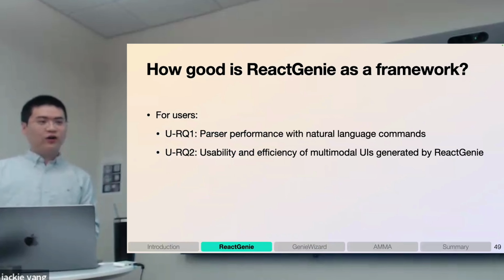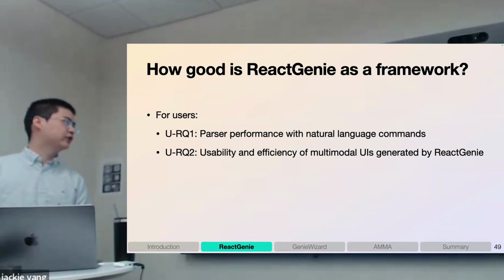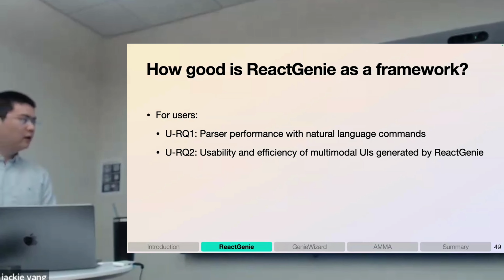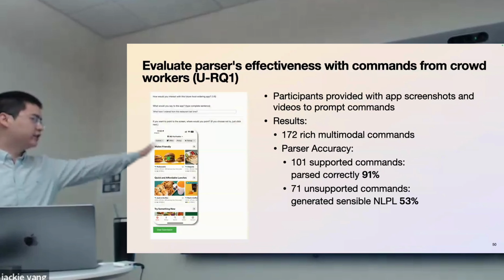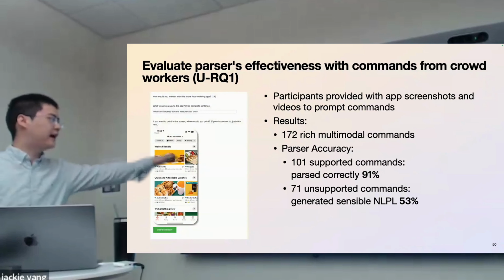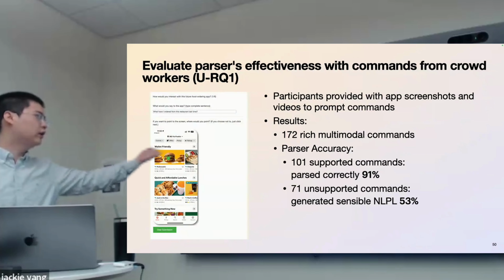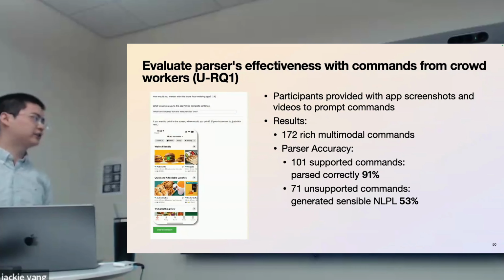We also want to know how good React Genie is as a framework, so we tested its performance, and we want to know whether the multimodal UI generated is actually usable and efficient for users. On the parser side, we did an elicitation study. We showed an app and asked crowd workers to use this app with multimodal interactions.